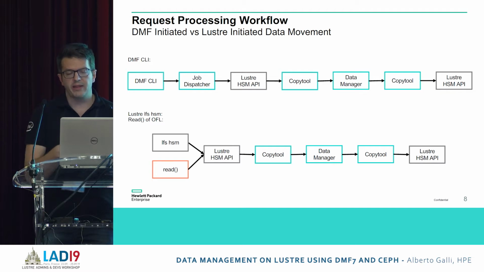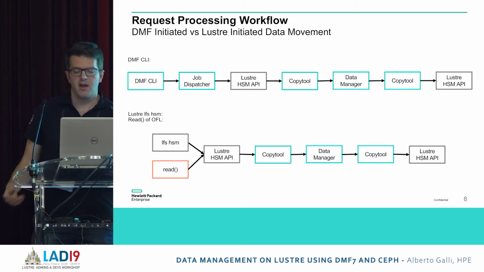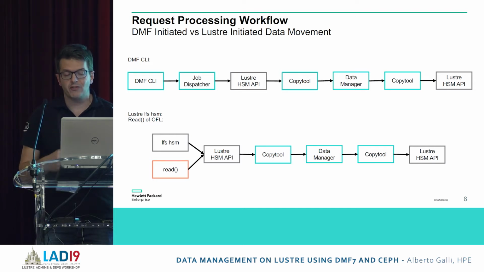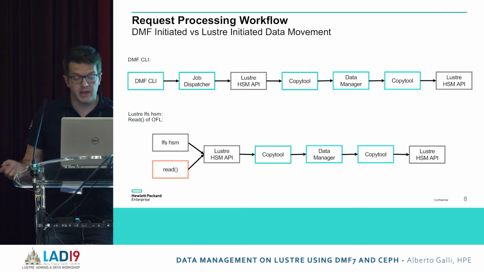We then call back the data management within DMF. Then the data manager will move the data, then the copy tool again interacts with Lustre to make the Lustre file system, the MDS, aware of the change that has been done.